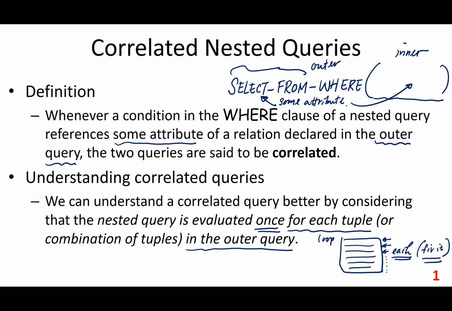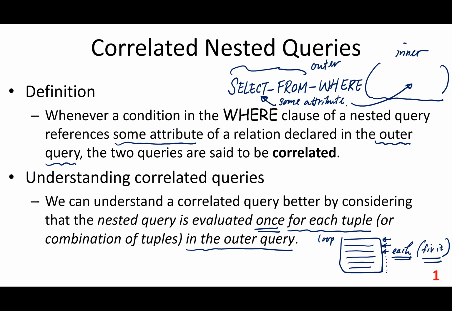Because we fix that tuple, other things can change. For example, for an employee, that employee with that SSN is fixed when we evaluate the inner query statement. So that is the way.